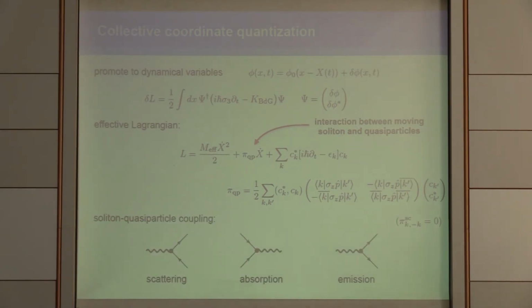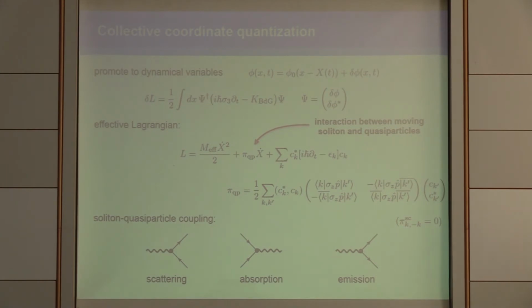But the interpretation is that if we denote the velocity by some wavy line and the Bogoliubov excitations, in and out going, by straight lines, then the diagonal terms will describe a scattering event of the quasi-particles off the solitons, and the off-diagonal terms will describe events where two Bogoliubov particles are absorbed by the soliton, increasing the particle number by 2, or decreasing the particle number by 2 by emitting 2 particles into the continuum.